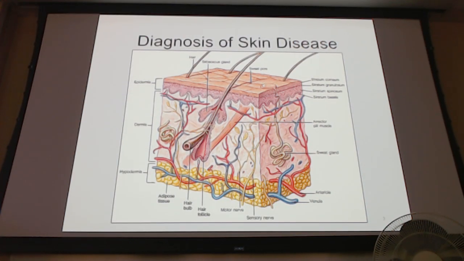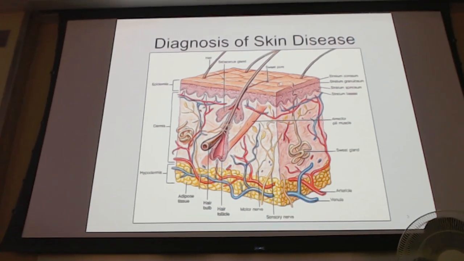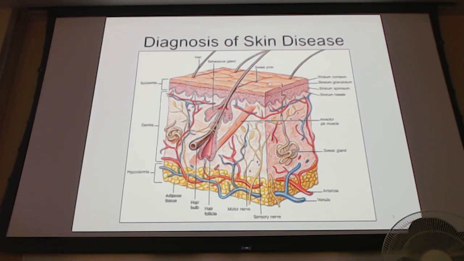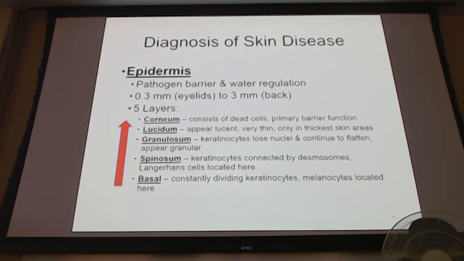Okay, skin disease. Y'all went through all of this stuff back in your freshman semester. So a year ago, y'all were going through this stuff. I don't have to get into all of that because y'all know we have epidermis, dermis, below, all of those areas where that stuff is at. We will talk about where these disorders can occur, okay?